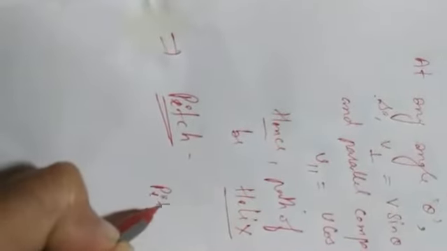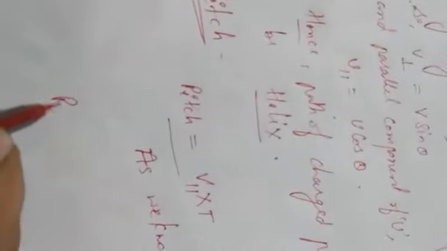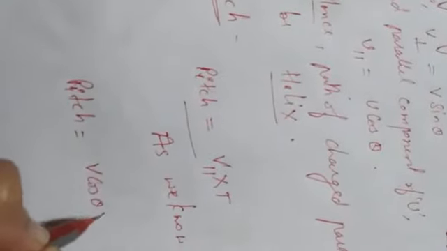Pitch is the parallel distance covered in the time period of one complete revolution. As we know, V parallel equals V cos theta and T equals 2 pi m by qB.